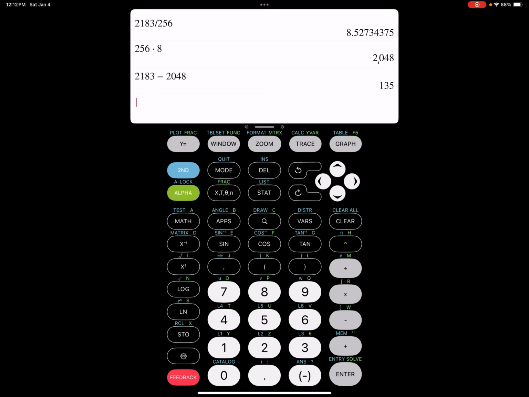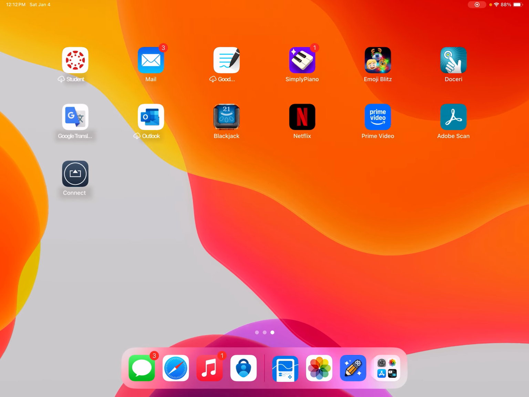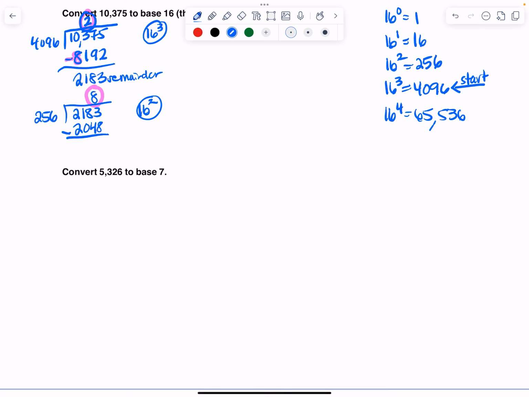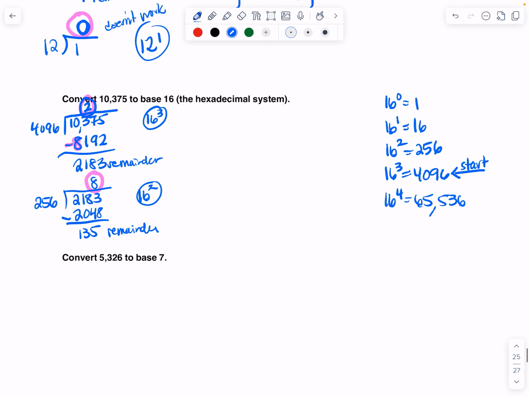That's going to go under the division sign, and we're going to drop down to 16 to the first power. Okay, so let's write that all out. So I'm going to take the remainder of 135, and I'm going to drop down to the next positional value down, which is 16 to the first. So 16 goes into 135. Let's check that out.